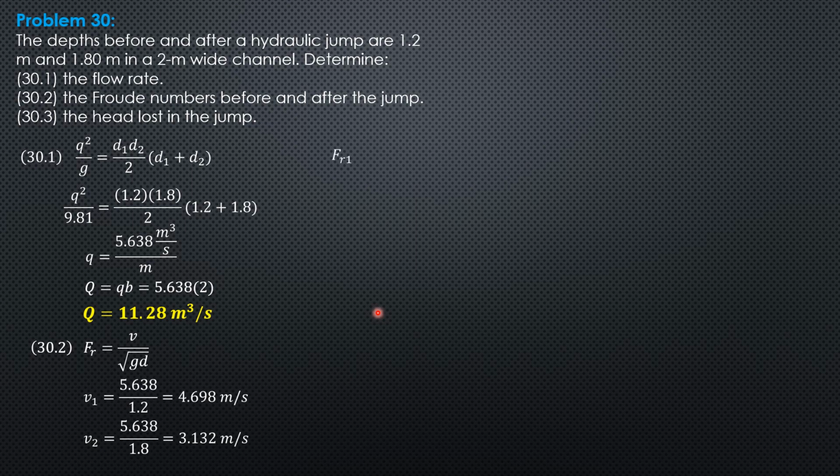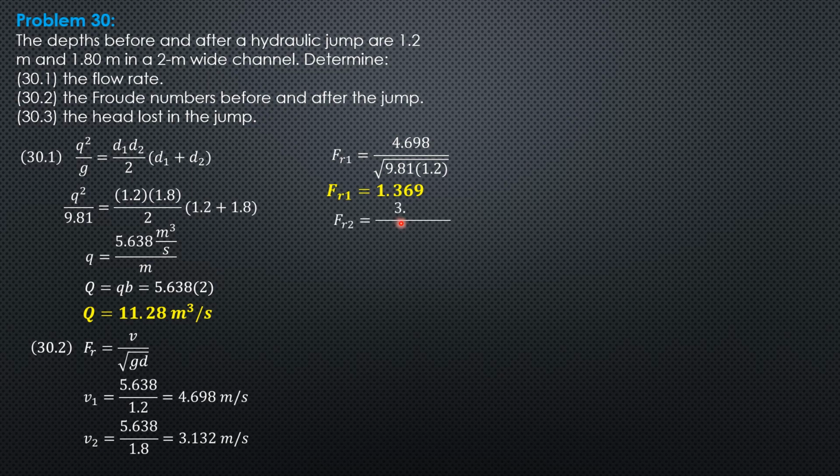So FR1 is equal to velocity 4.698 over square root of 9.81 times 1.2. So FR1 is 1.369. It is expected to be greater than 1 because before the jump, the flow is supercritical. And after the jump, it is below 1, subcritical.